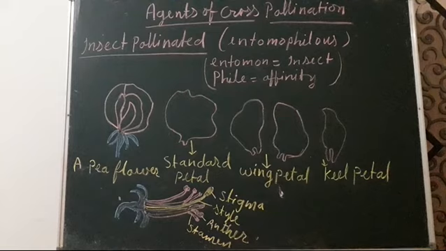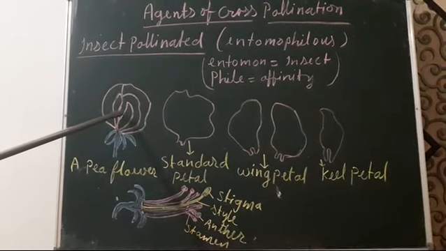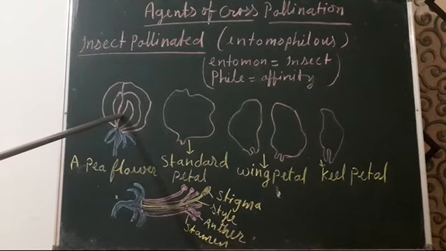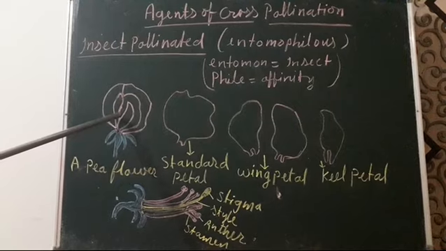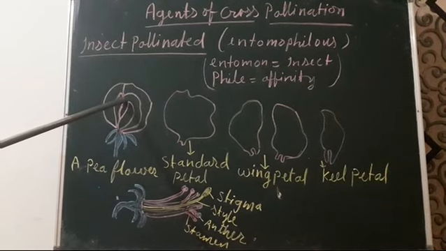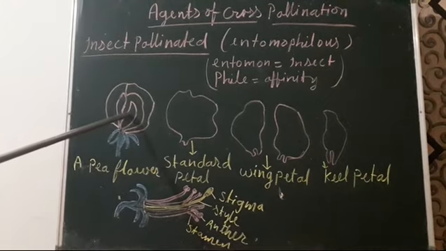So when the insect visits this flower, it thrusts its tongue inside to get the nectar from the base of the flower. In that activity, the wing petal and keel petal depress down.